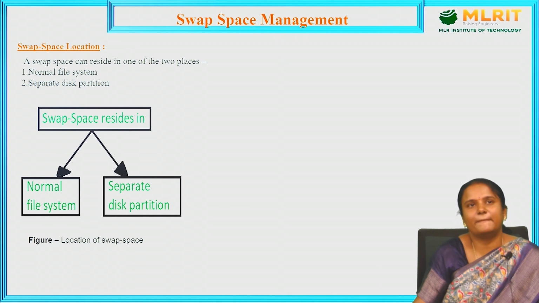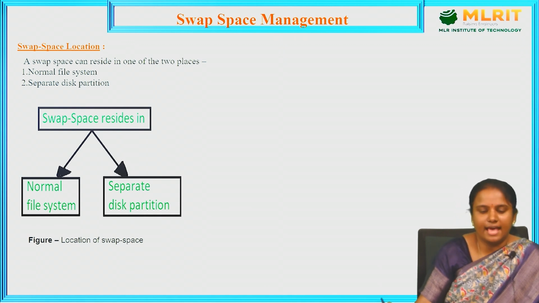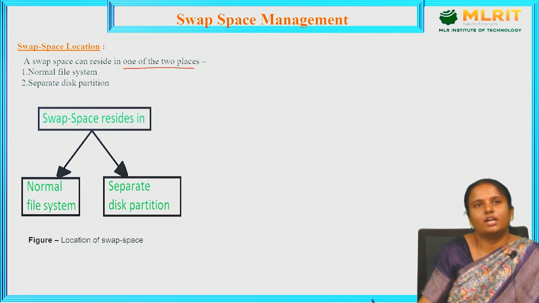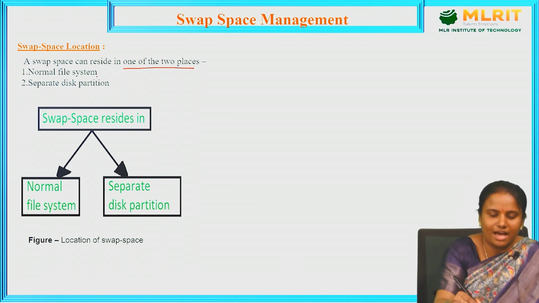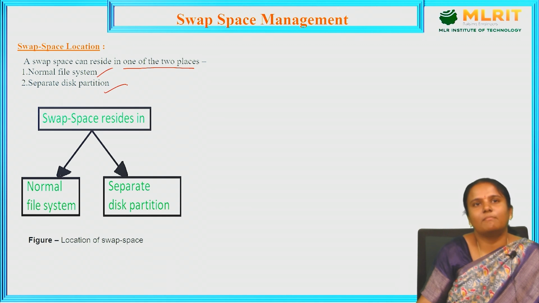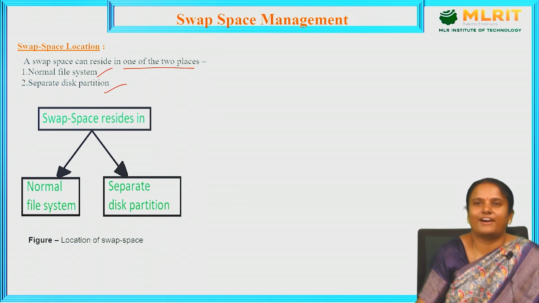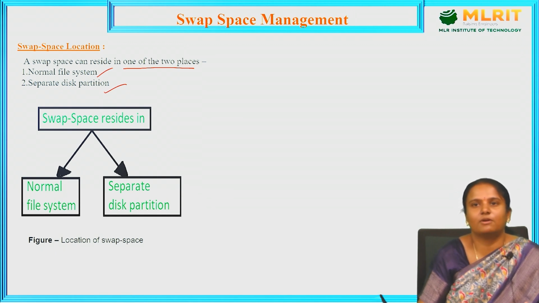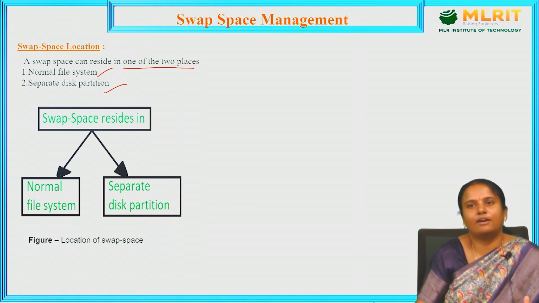So what do we mean by swap space location? A swap space can reside in one of two places. What are the two places? The normal file system and a separate disk partition. In the normal file system, the files are placed normally, and we can find their location. Whereas in a separate disk partition, we need to search each and every file, because we are separating folders into subfolders, and those folders or files are given as partitions.